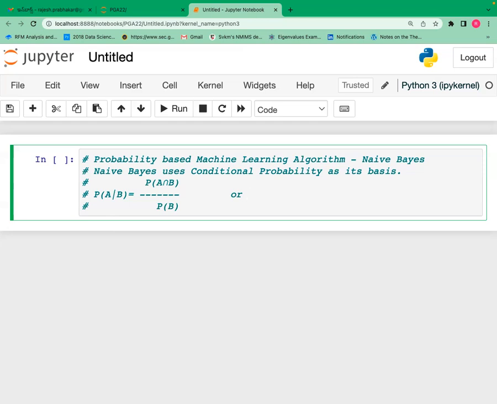Probability of an event given that the other has already occurred. We'll talk about Bayes theorem.